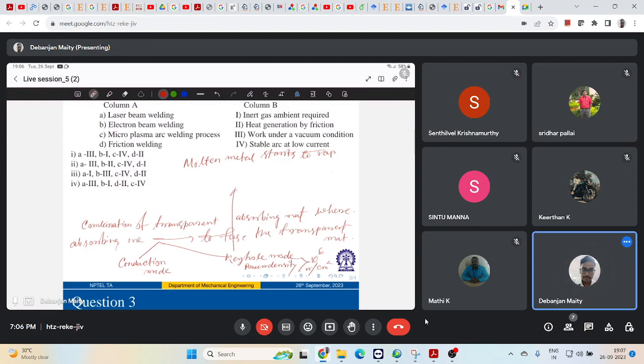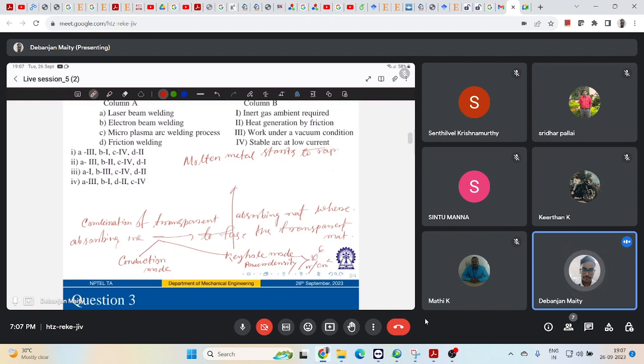So, what I was saying, molten metal starts to vaporize over here in keyhole mode operation, and it basically opens up some blind hole or keyhole in the molten metal. The mechanism is like this: the vapor pressure from the hot metal keeps the hole open during the weld.